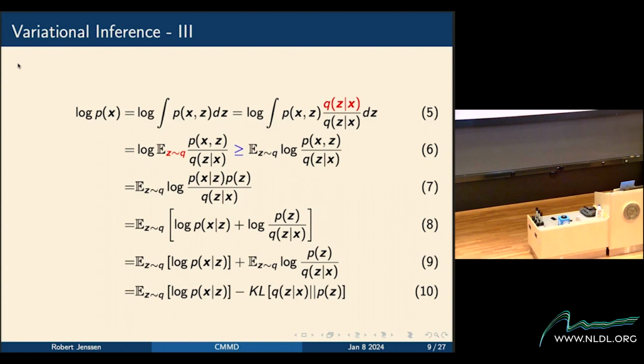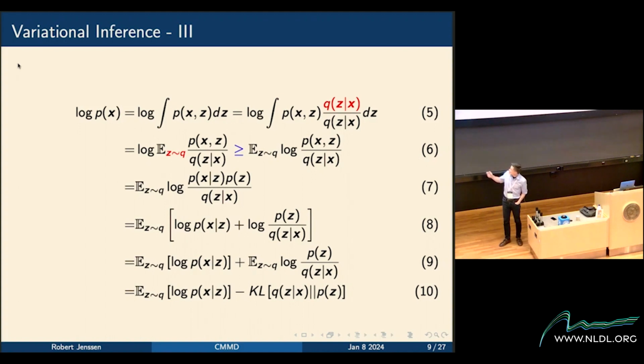The expectation here is actually the definition of what we call the Kullback-Leibler divergence. The Kullback-Leibler divergence is super well known and used everywhere. It's a measure of distance basically, not a metric distance, but a form of distance between probability distributions.